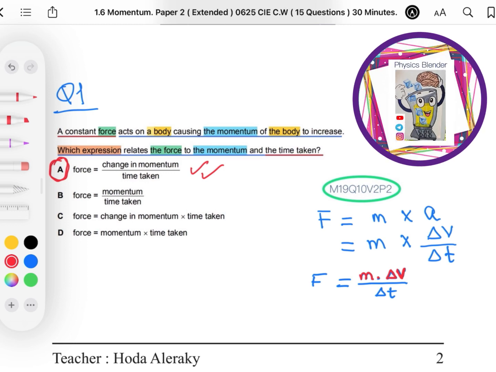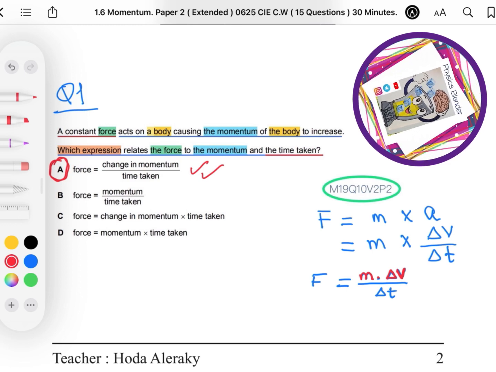I would like to mention some important points related to this equation.